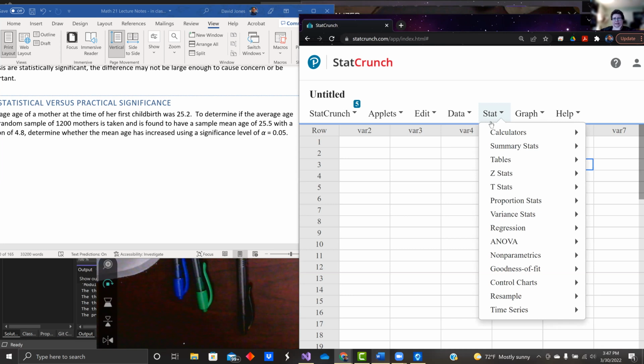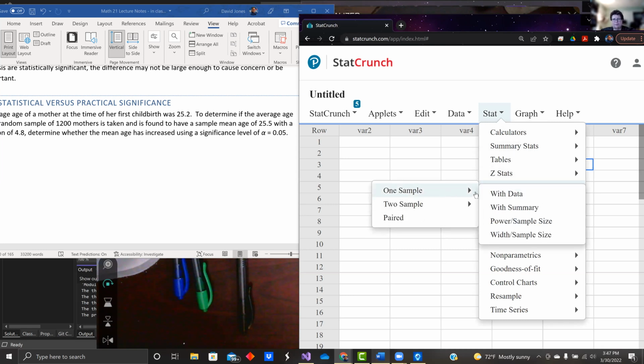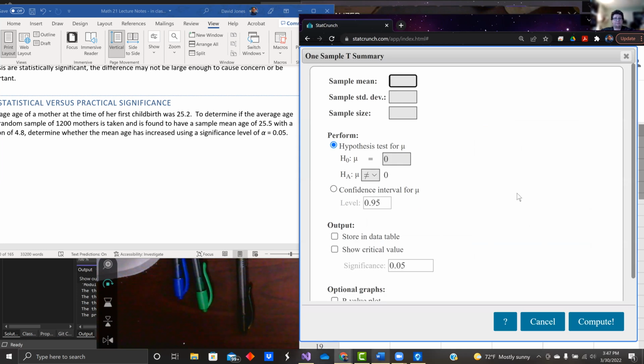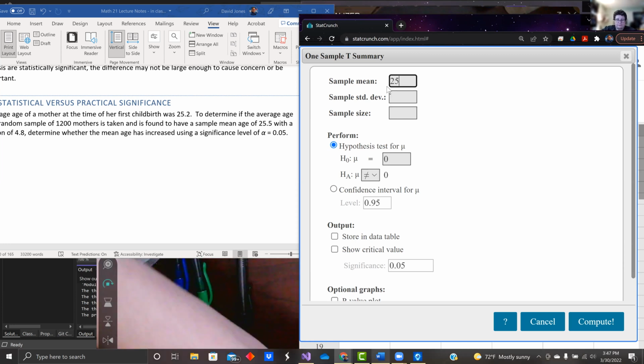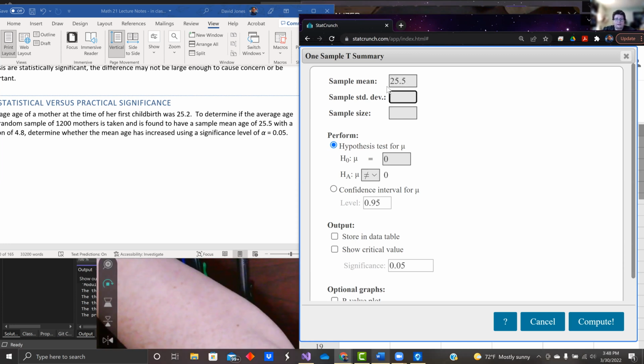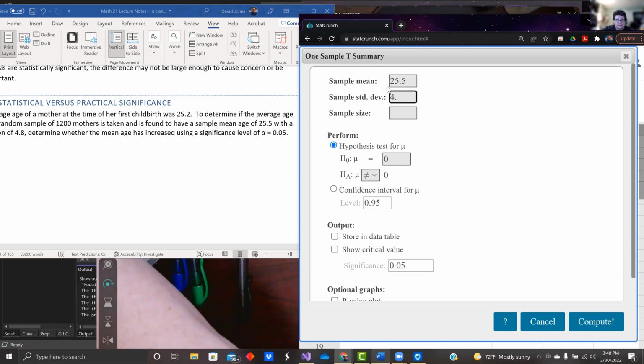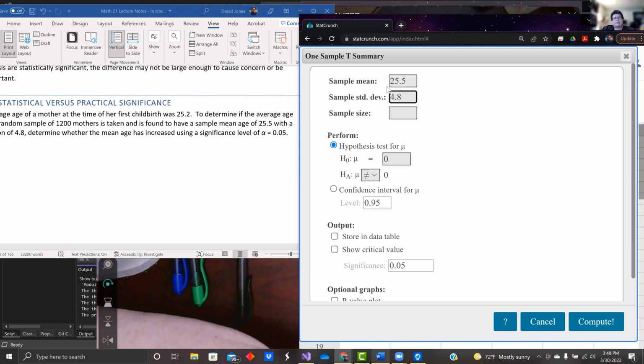So we're doing Stat, T-stats, one sample with summary. And it says the sample mean is 25.5. The standard deviation is 4.8. The sample size is 1,200.